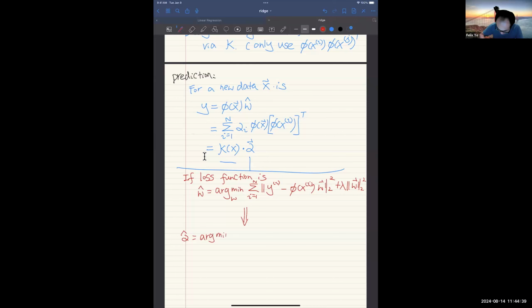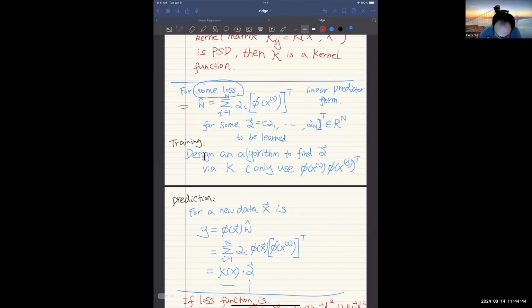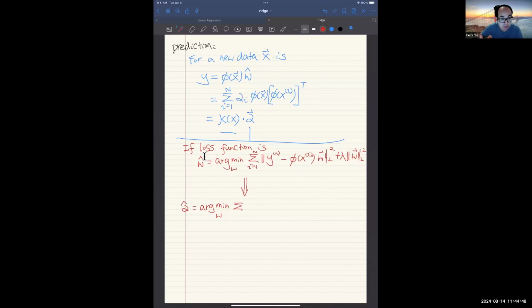Instead of working on W, we know W has this form. So this becomes the summation over i from 1 to n of yi minus the summation over j from 1 to n of alpha j phi of x i phi of xj transpose, with the squared 2-norm, plus lambda times the double sum of alpha i, alpha j, phi of x i, phi of xj transpose.